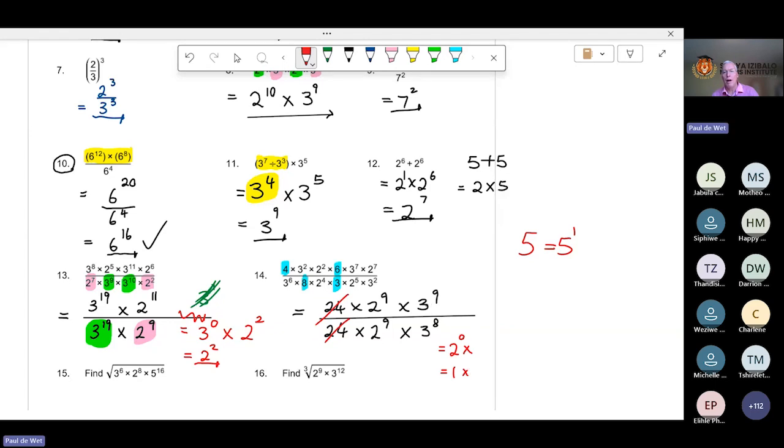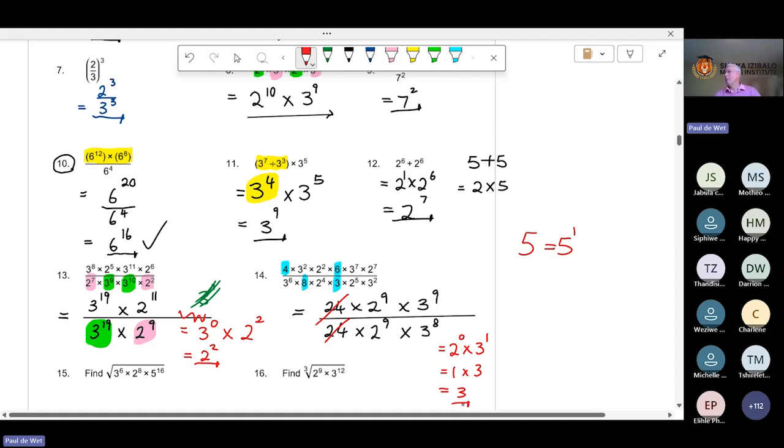And what will my exponent be on the 3s if I divide 3 to the 9 by 3 to the 8? Remember, when the base is the same, I subtract the exponents and I get 3 to the 1. My final answer, guys, is 1 times 3. 3 to the 1 is just a normal 3. My final answer is just 3.